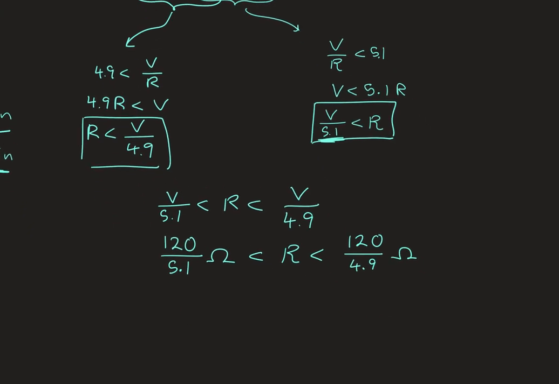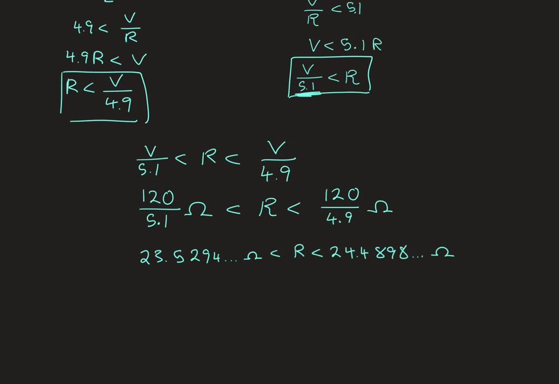And okay, so we have decimals here. So let's go with, this tells us 23.5294, and that keeps going, ohms is less than R, which is less than 24.4898. That keeps going, ohms. And I wanted to say, if we want this to work and we don't want to get fired, we want to push this number upwards.